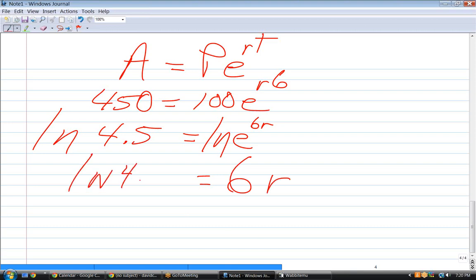Left side is natural log of 4.5. So r is natural log of 4.5 divided by 6. Whatever number that is.